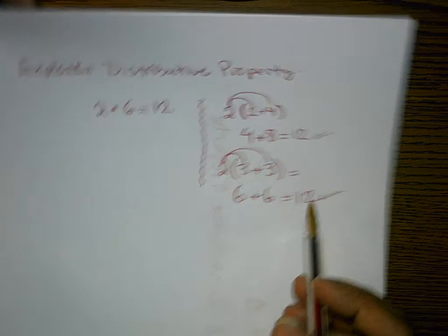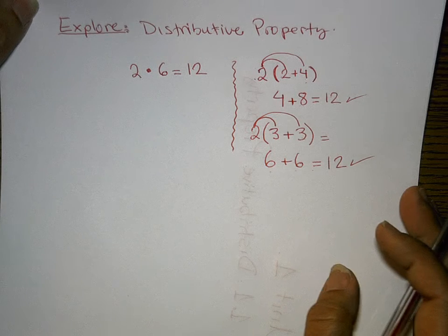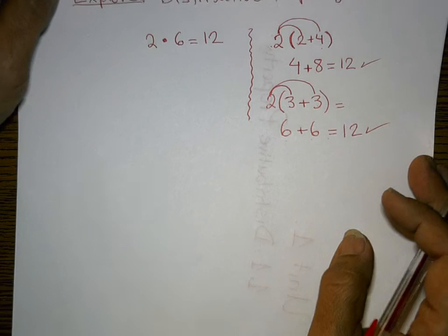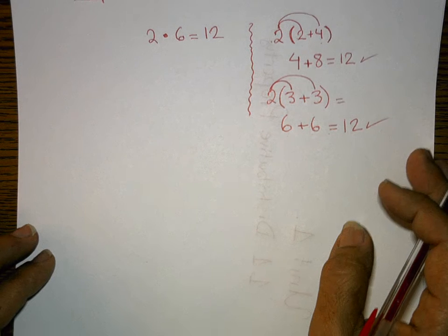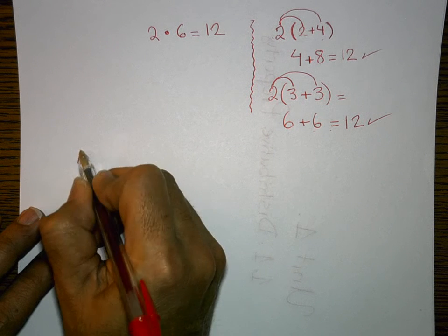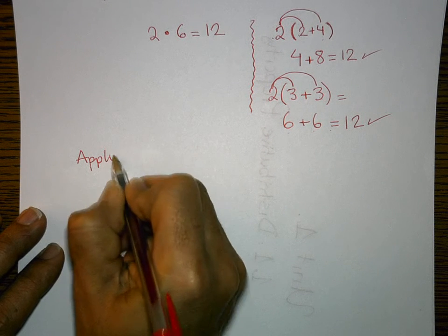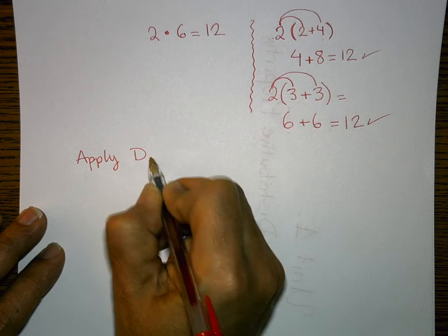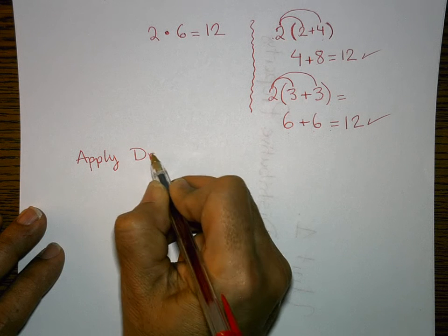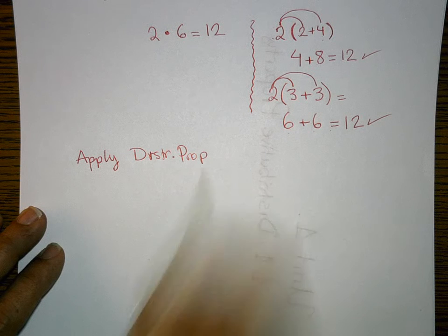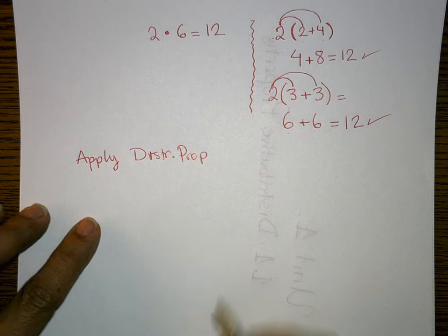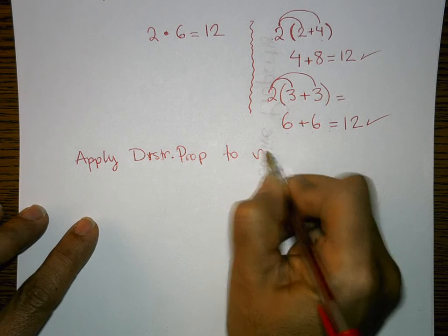Can we apply this property now that we are in much higher math? Can we apply the distributive property to variables? We sure can. So let's apply the distributive property to variables.